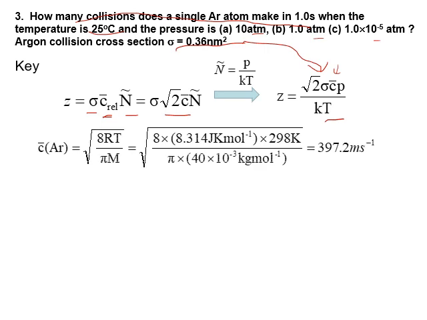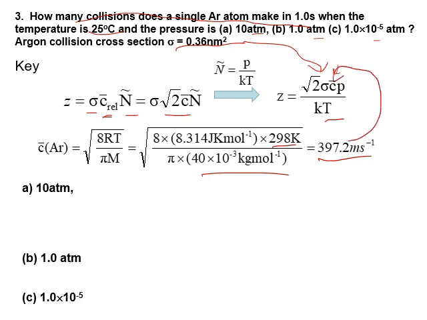First calculate the average speed for argon at 25 Celsius, so 298 Kelvin, and the molar mass for argon is 40 times 10 to the minus 3, and that gives you an average speed for argon of 397.2 meters per second. So plug this into here.